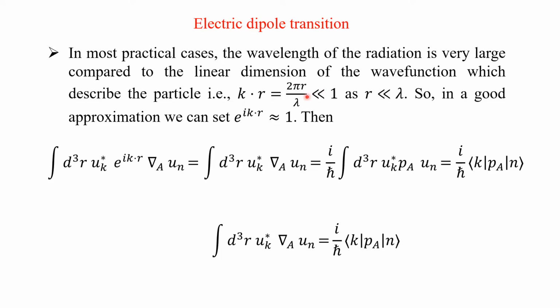Hence 2 pi r over lambda is very much less than 1, as r is very much less than lambda. So a good approximation is e power ikr is approximately equal to 1.